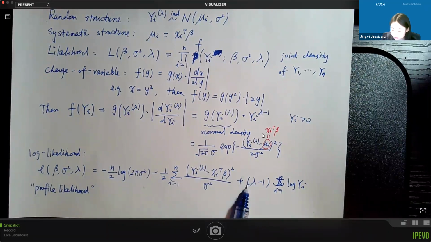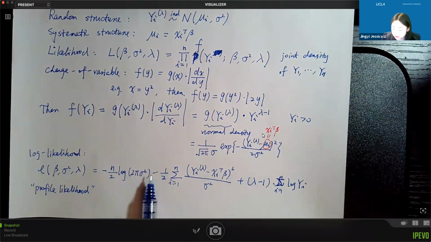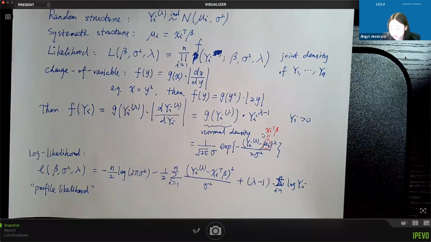And given that lambda value, this term no longer matters, right? To maximize the likelihood based on beta and sigma squared, I'm left with the first two terms. And that's the standard maximum likelihood setting for a linear model. So we know the formula for beta as the least squares and sigma squared based on the residuals.